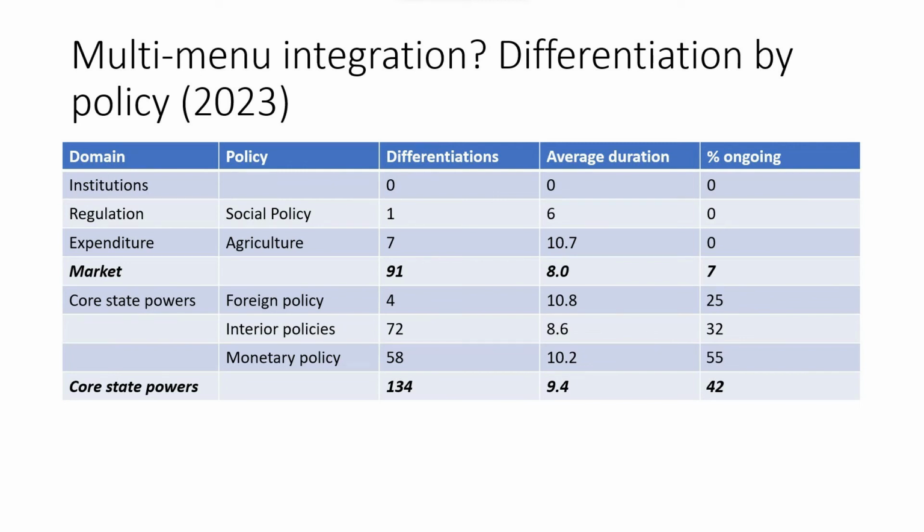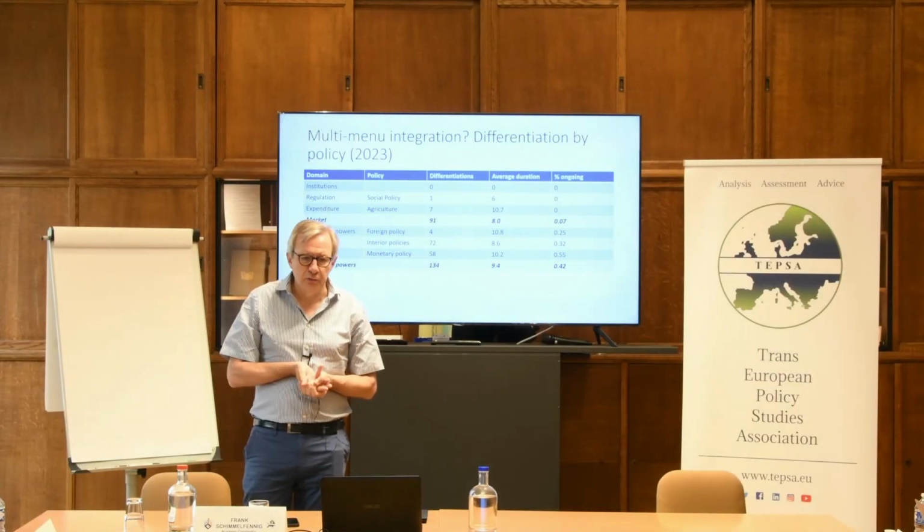One issue to see is that when it comes to institutions, there's no legal differentiation. So despite differentiated integration, the EU has a uniform institutional core. And that's also something important, which also goes against the idea of multi-menu differentiation, where we would think there are basically different unions with overlapping memberships, but with all of them having their own institutions, more or less, if you think it through to the extreme.